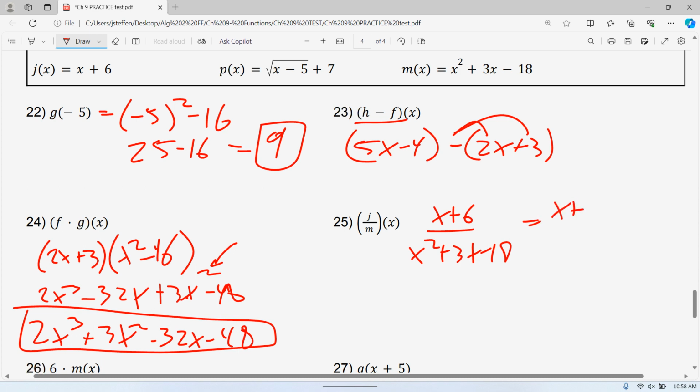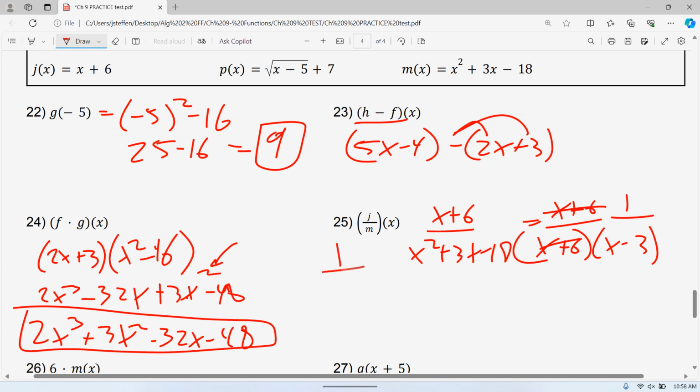So we need to reduce the denominator, factors of -18 to add up to be +3. That is x plus 6 times x minus 3, and the x plus 6 is canceled. Now, one thing, if your numerator all cancels, you need to put a 1 in there.